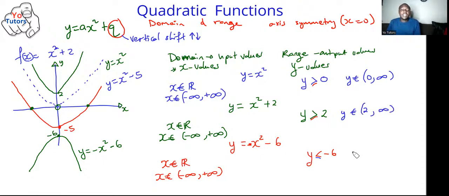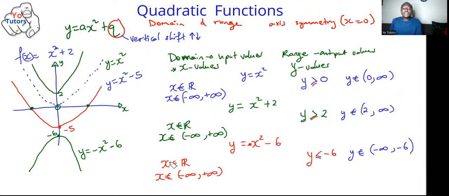Then in this case, it's going to be y element of from negative infinity to negative 6. That's how we write. So in this case, we are starting from 2 going up, so the positive infinity is going to be up. But in this case, on the negative 6, we are starting from negative infinity up until negative 6. That's where we end. Okay, that's what it means here.